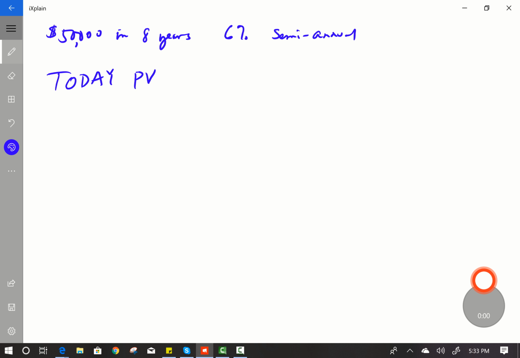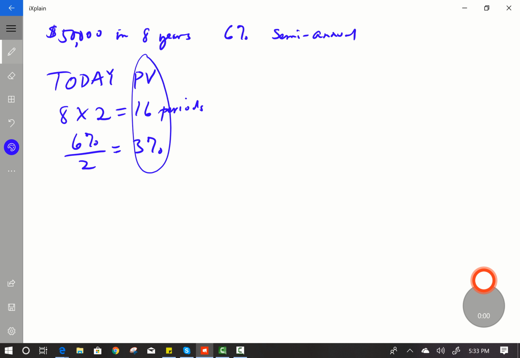We're going to use a present value table. First, we're going to take 8 years times the number of times it will be compounded in a 1-year period, which is twice for semi-annual, to give us 16 periods. And then we'll take 6% divided by twice a year to give us 3% for the present value table.